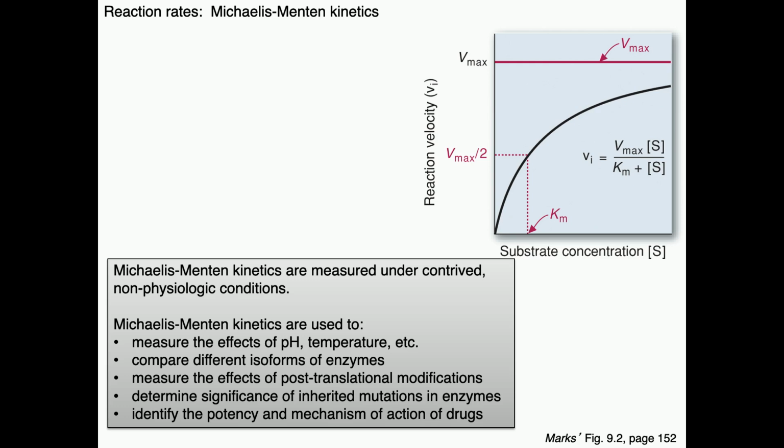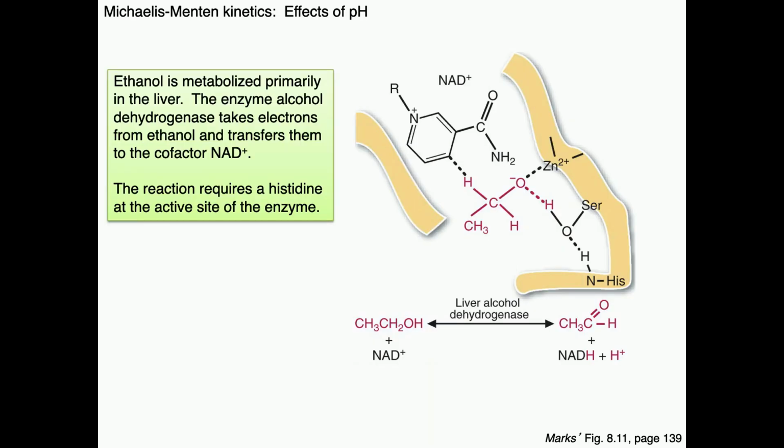But it has its biggest impact for those enzymes that use charged amino acids at their active site. Okay, so amino acids that have side chains that can ionize near physiological pH, those are going to be most sensitive to changes in pH with respect to their velocity.